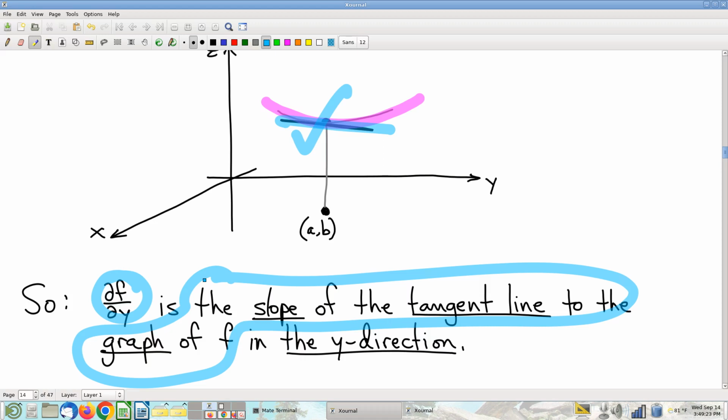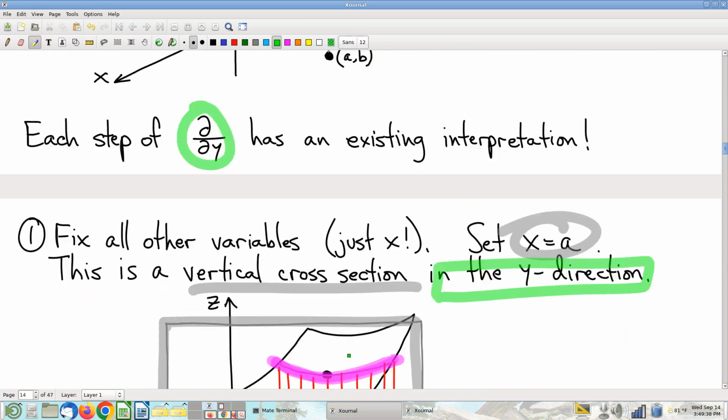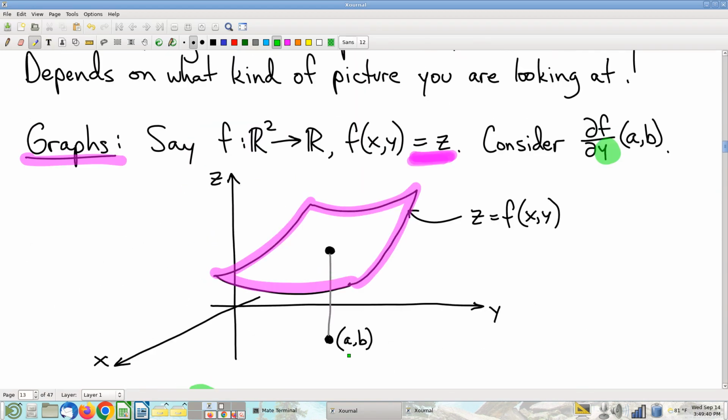One little detail that I left off is that because we're taking a partial with respect to y, when we say slope of the tangent line to the graph, I have to say specifically in the y direction. After all, if you look at our graph, there's lots of tangent lines at that point. There's that one, but there's also one there and one there. There's really an entire plane of tangent lines at that point, because it's a whole two-dimensional surface.